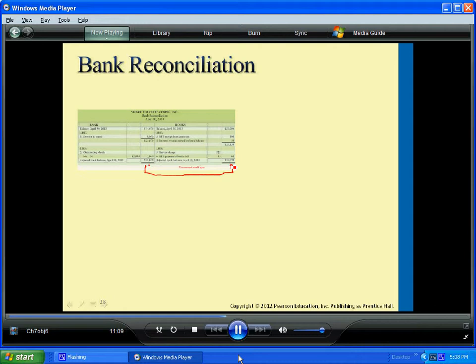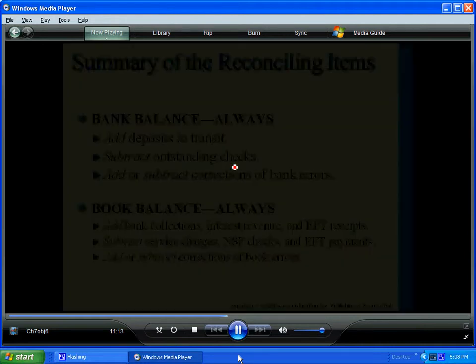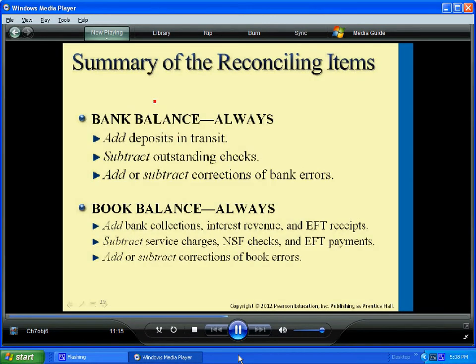On the bank side, you're going to start off with your bank balance, and you're going to add deposits in transit, subtract outstanding checks, and add or subtract for the correction of bank errors.